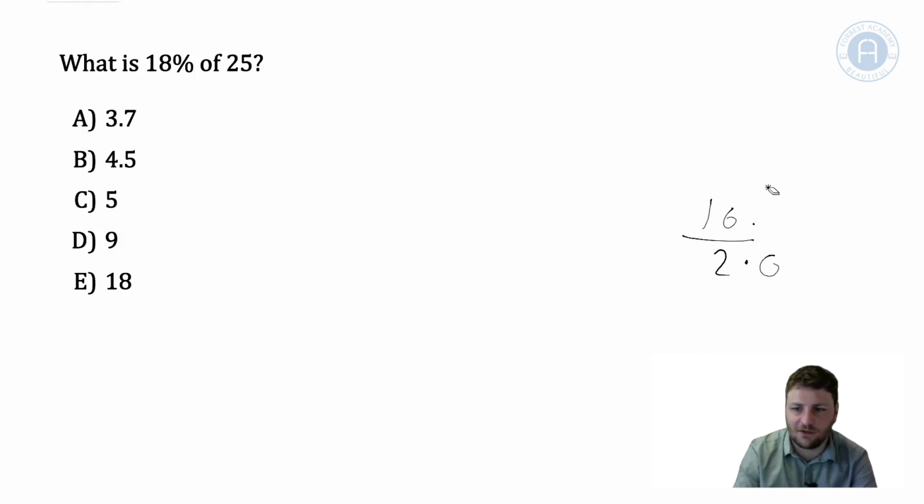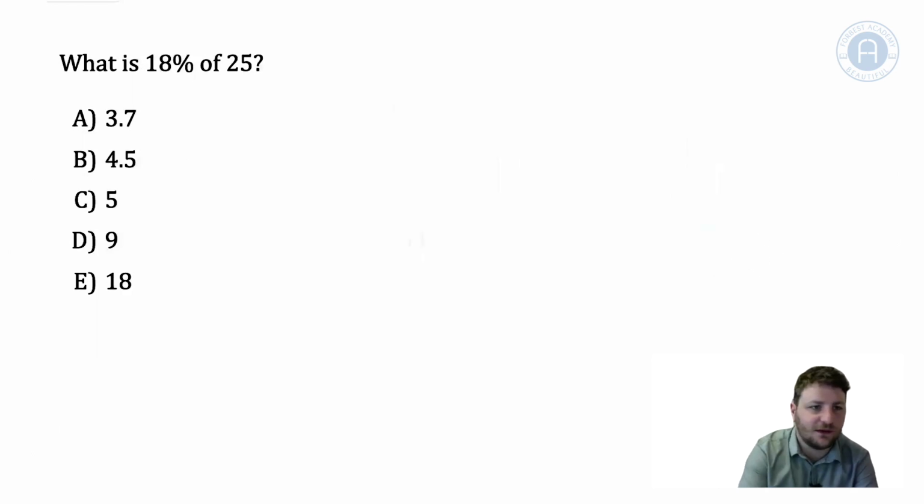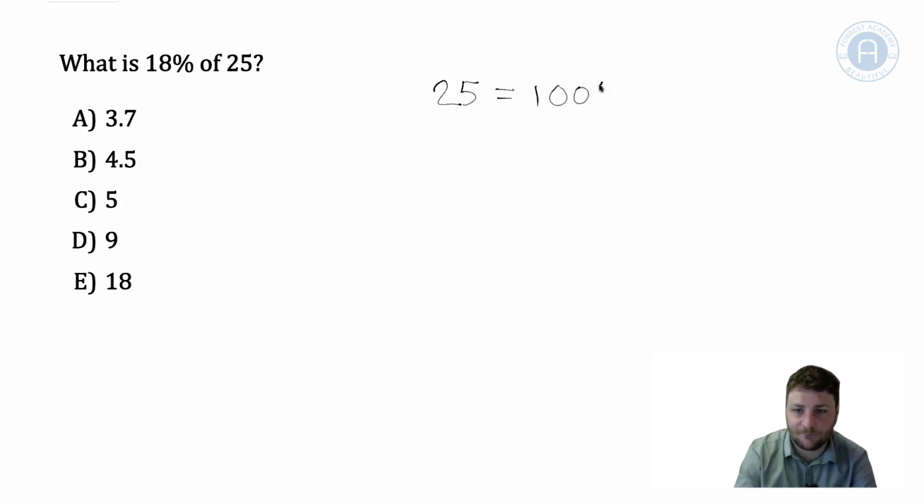So the breaking down method, you've got 18%, so I would break that down into 10%, 5%, and 3 lots of 1%. So let's start off with 25 is 100%. 10% will be 2.5.